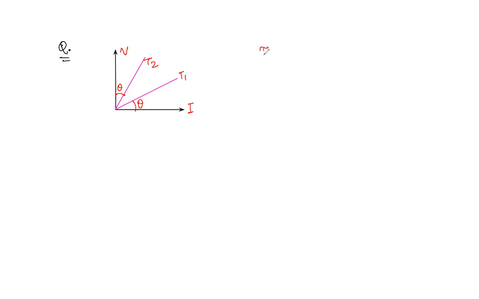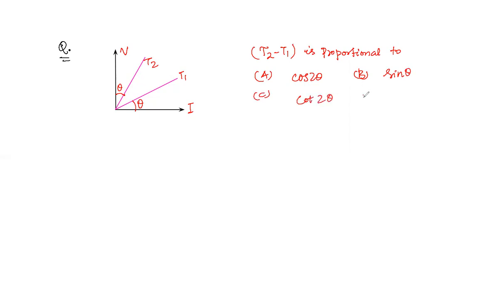The question is that T2 minus T1 is proportional to how much? Options are given as cos 2 theta. Second is sin theta. Third is cot 2 theta. And fourth option is tan theta.